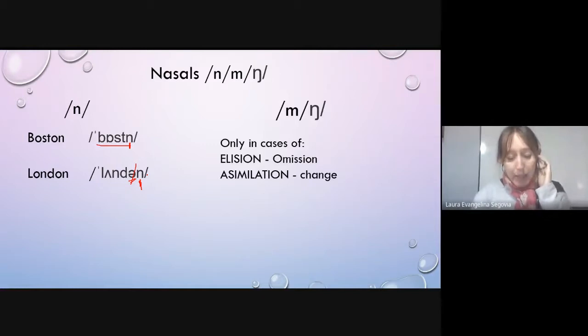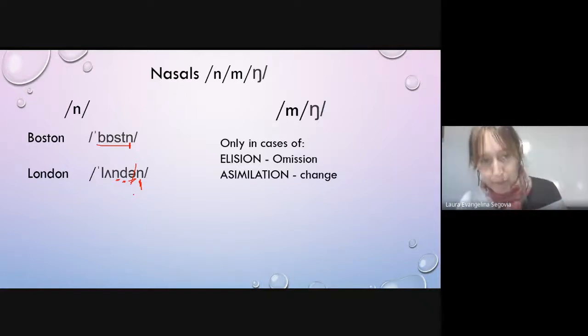But in RP, the combination of d and t and d followed by n, yes, those are always with a schwa. So again, you can say London with or without schwa, but in RP, it's accepted only to say London with schwa.